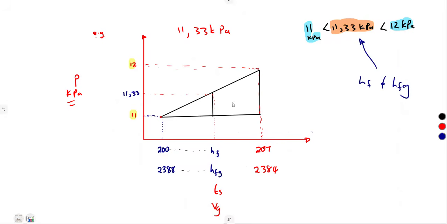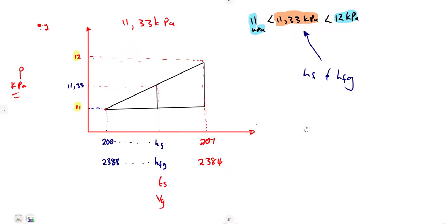So what is the purpose now of this triangle? It follows that these two triangles that we have are similar. If we take them as right angle triangles, these two triangles are similar.